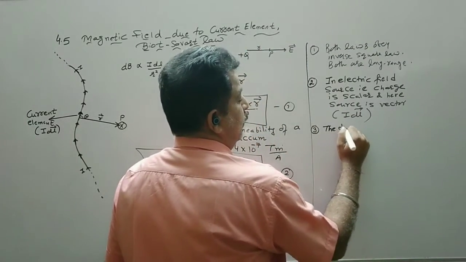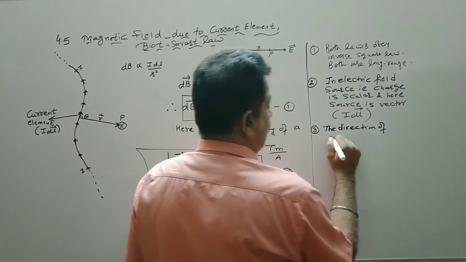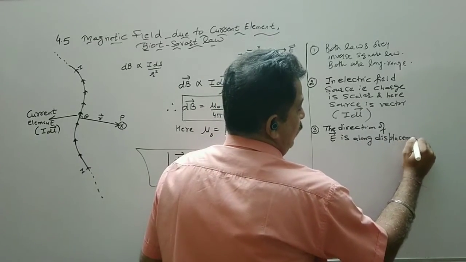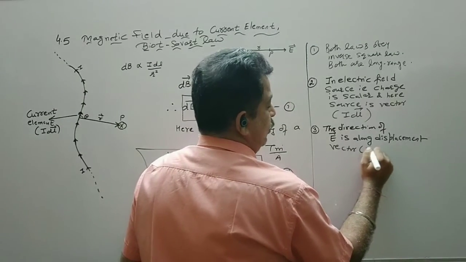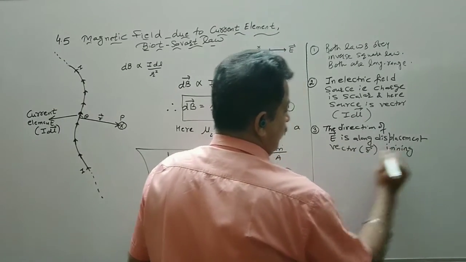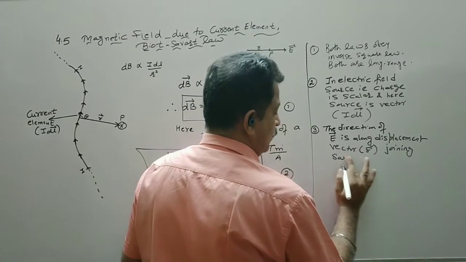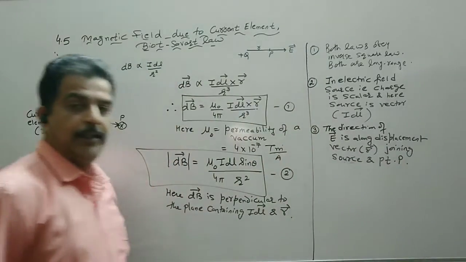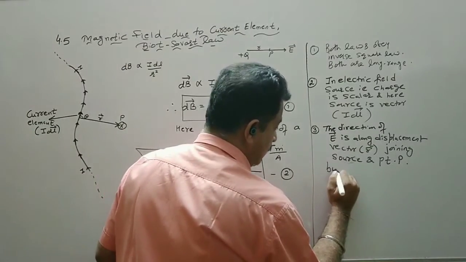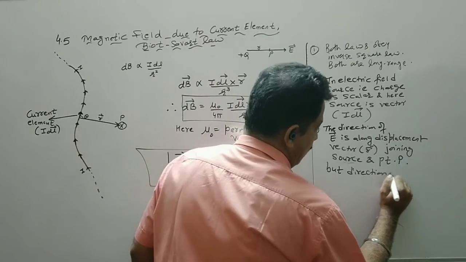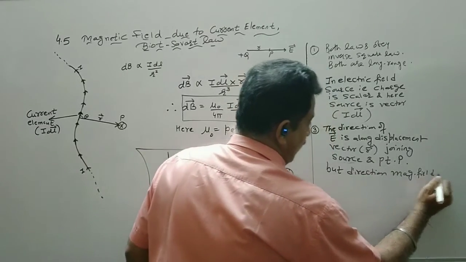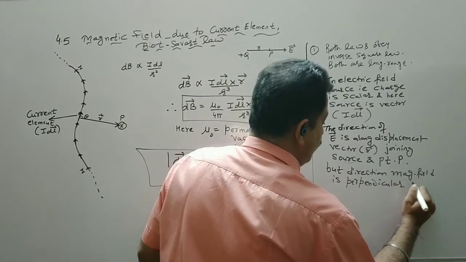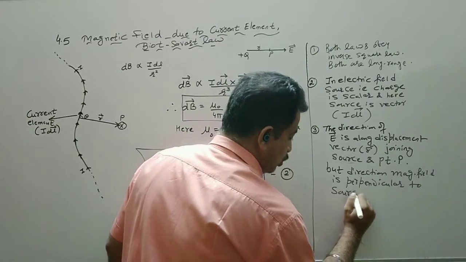The direction of the E vector is along the displacement vector, or you can say the position vector, joining the source and the point, say P. But the direction of the magnetic field is perpendicular to the source.